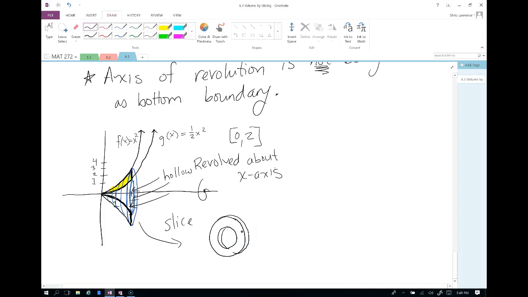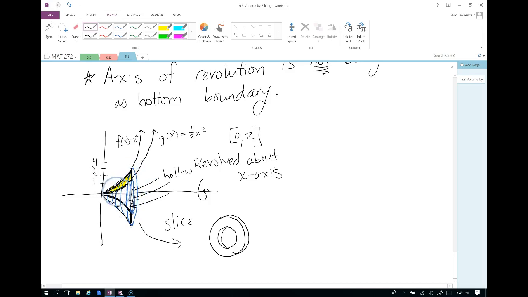So the volume here, we have to include both of those functions. And technically, both of those functions can create a volume. The f of x equals x squared creates a volume. It creates the big outer volume. But we don't want all of the big outer volume.